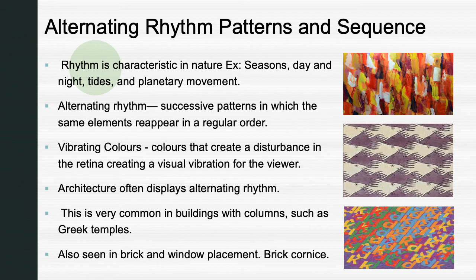It could be as straightforward as our chessboard, or we could envision something more intricate. Some fantastic alternating rhythms include rows of fish. You can see here in the middle of the two images, birds or other animals or any shapes repeated.